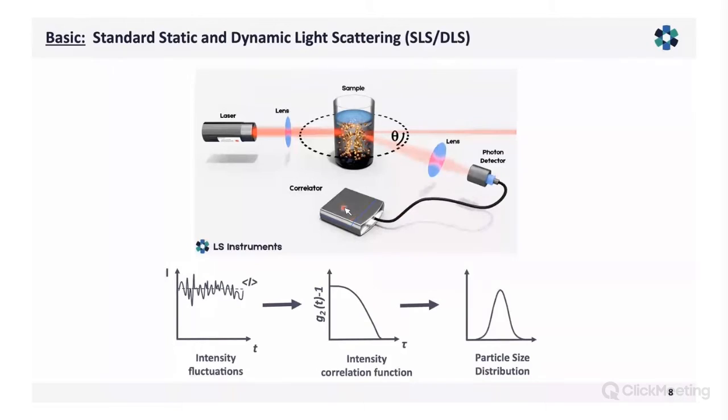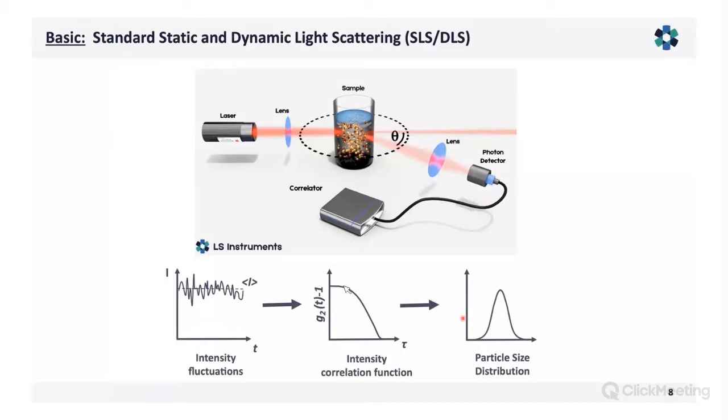And then in a dynamic light scattering experiment, we measure fluctuations of intensity, or in actual fact fluctuations of photon arrivals. We calculate from this the so-called intensity correlation function. This is done by the photon correlator shown here as this box. And from this, you can extract the information you like, for example, the particle size distribution.